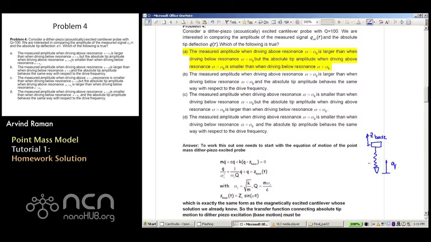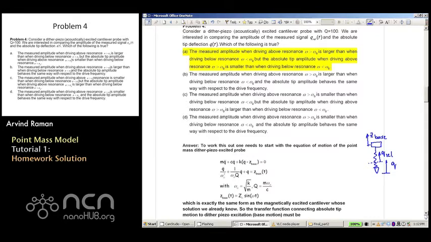But relative to the base, there is a motion Q rel, right? And that's what is really measured by the AFM photodetector: the bending of the cantilever, or the tip motion relative to the base. The absolute tip motion is not really picked up by the photodetector.